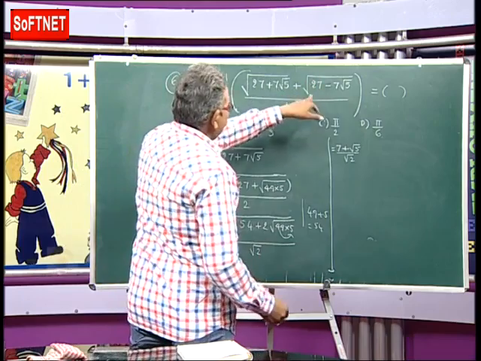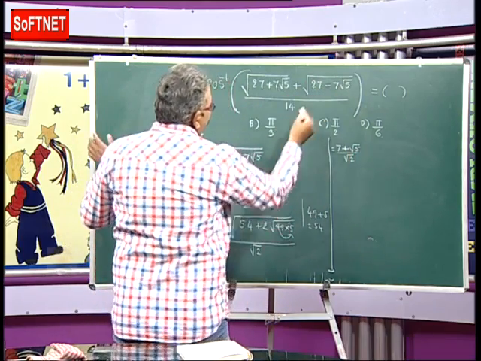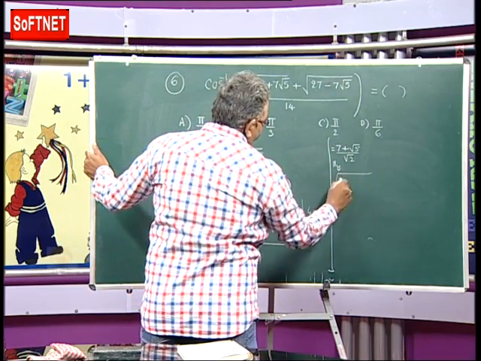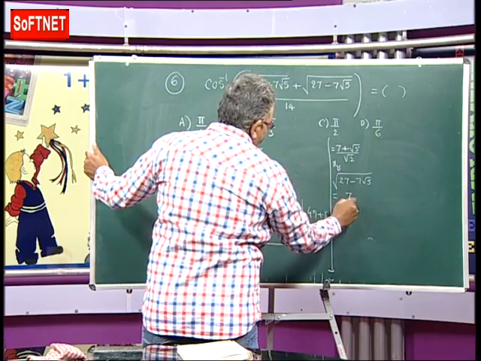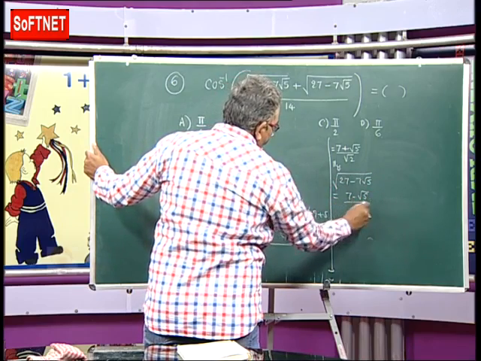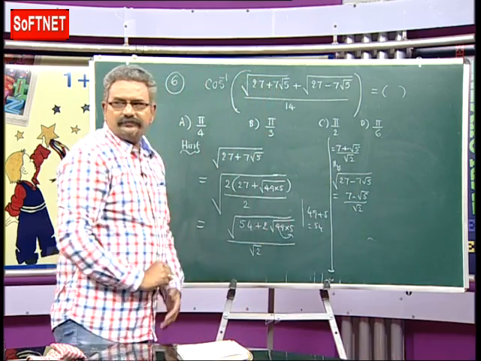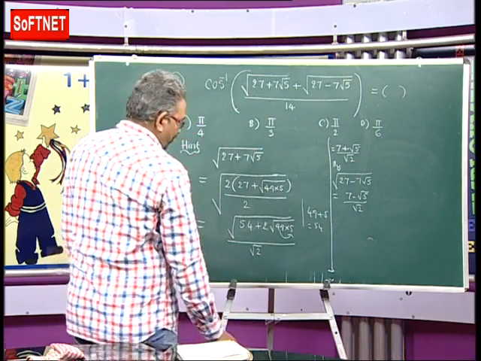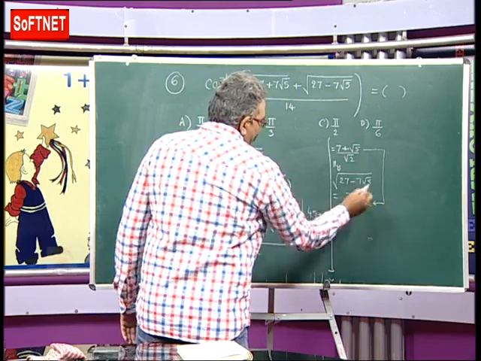Similarly, square root of 27 minus 7 root 5 is equal to 7 minus root 5 by root 2, because it is the conjugate of this one. Adding these two. So adding this one and this one. See what do we get?